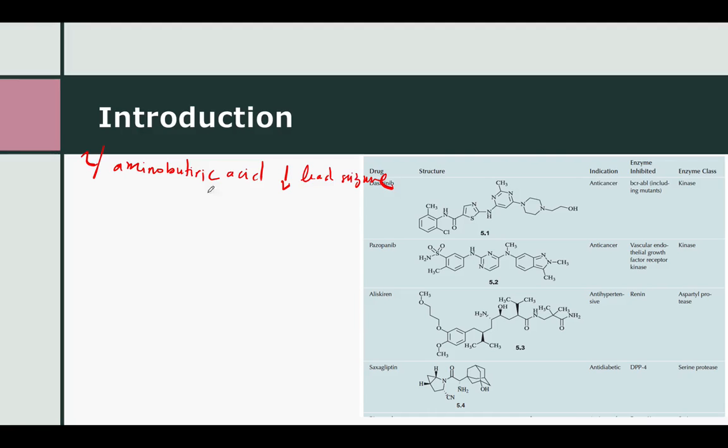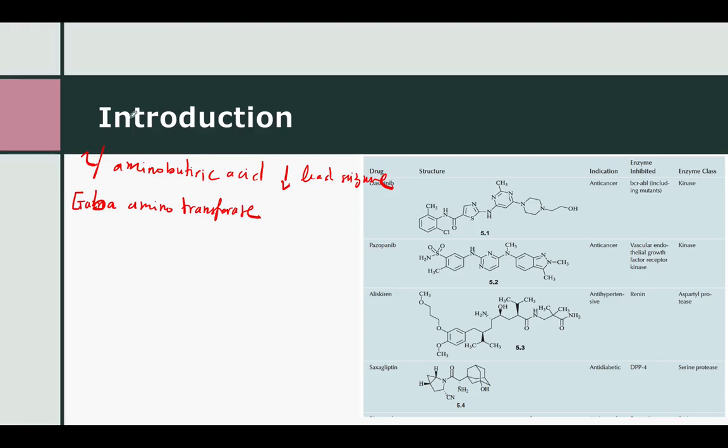Now, there is an enzyme called GABA aminotransferase, and that enzyme is responsible for clearing gamma aminobutyric acid from the system.